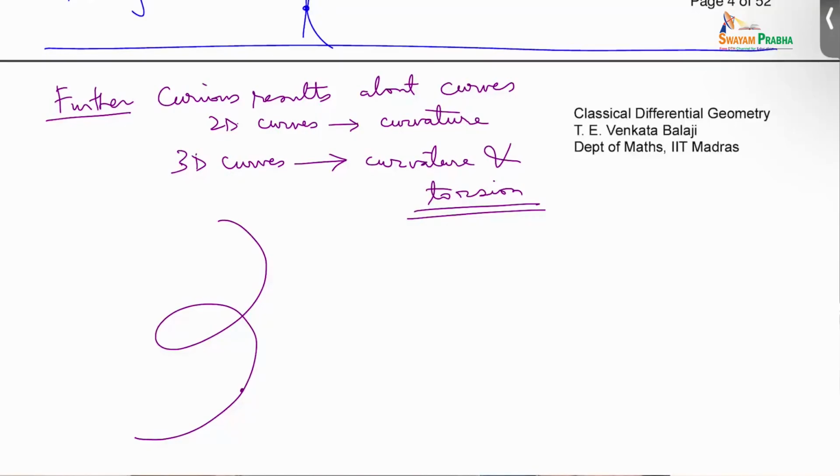So there's something interesting that happens. If you want a particular circle, then it should lie on a particular plane. In the three-dimensional case, it so happens that there is a very special plane in which your circle of curvature lies.